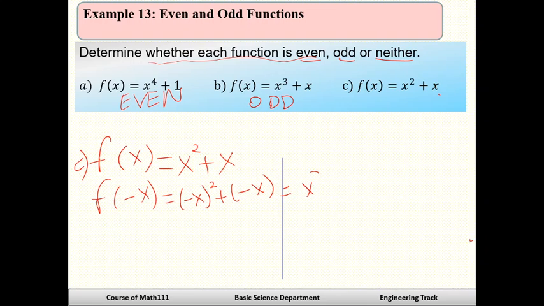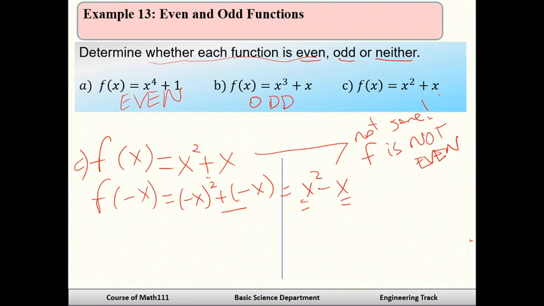It gives you x squared plus, this is minus, so I will write minus here. Are they same? Not same. There's minus here, there's plus here, not same. So you say f is not even. Now you check the last one, minus f of x, which is minus x squared plus x. Please put it in parentheses, this is important. Then minus x squared and minus x.